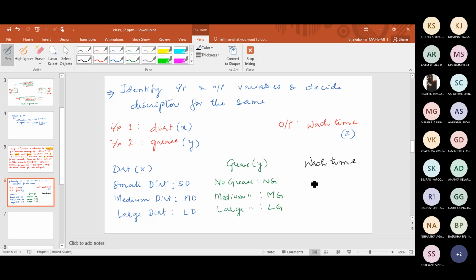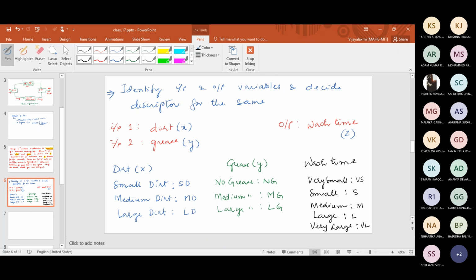So let me write wash time: very small, small, medium, large, and very large. So these are the descriptors we have: very small VS, small S, medium M, large L, very large VL.